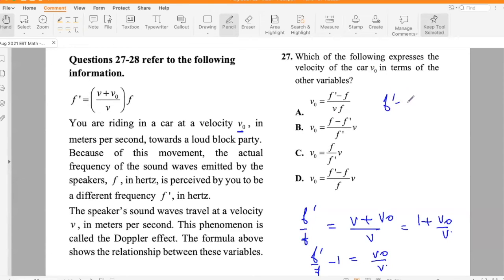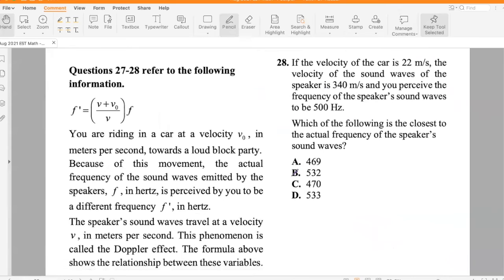So f dash minus f by f is v naught by v. So v naught is v times f dash minus f by f. So d.